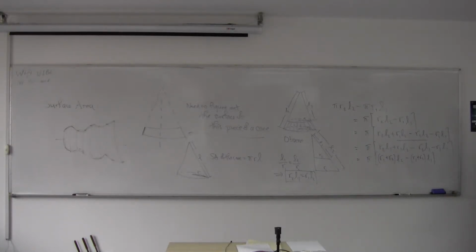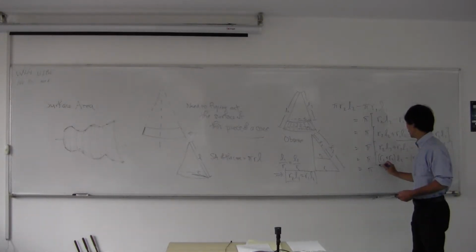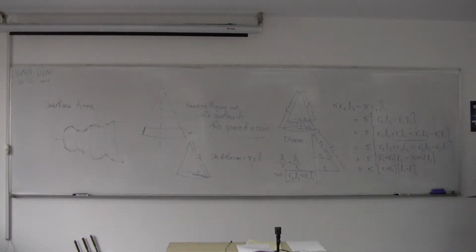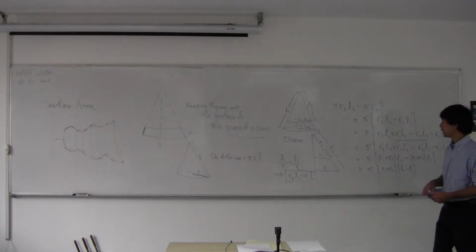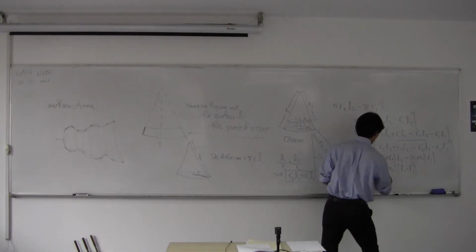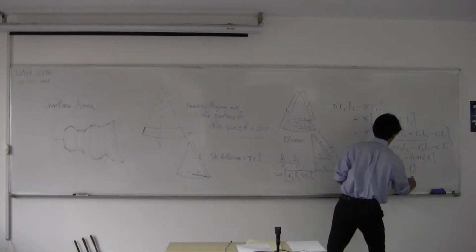And so we can simplify this further. This becomes pi times R1 plus R2 times L2 minus L1. Or I can write this as 2 pi times R1 plus R2 over 2 times L2 minus L1.